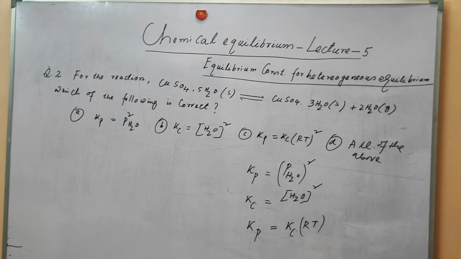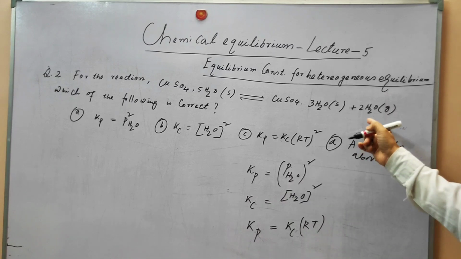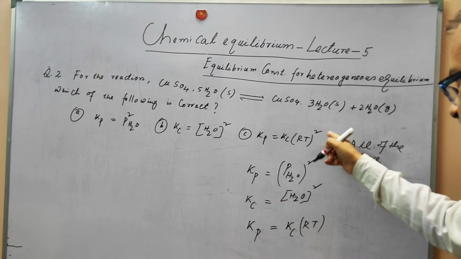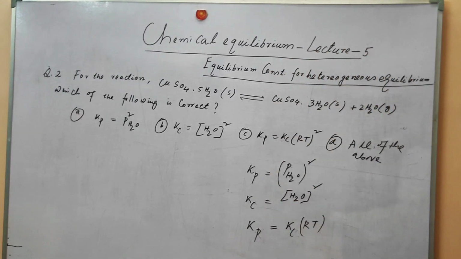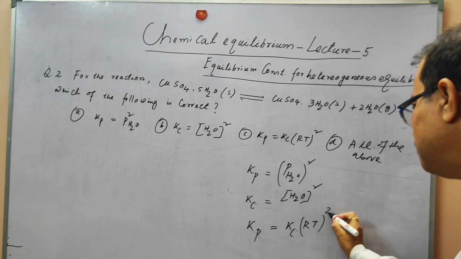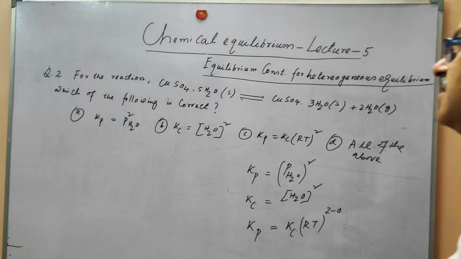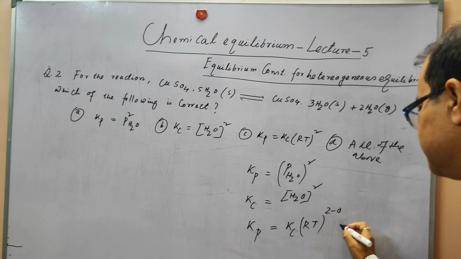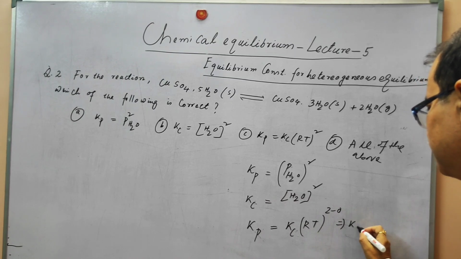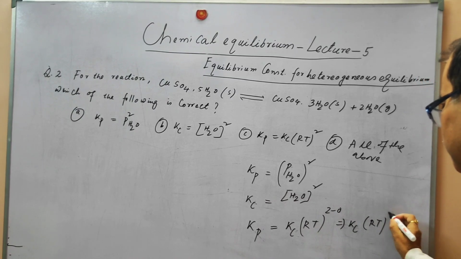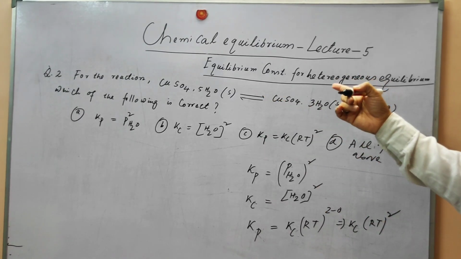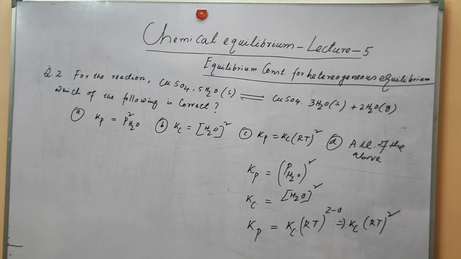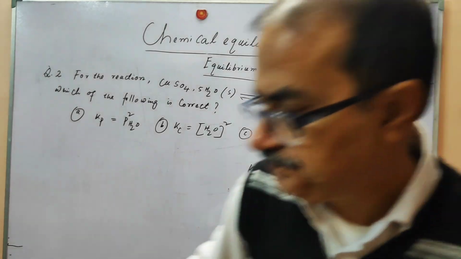In the previous lecture we understood that this exponent is basically the total moles of the products minus total moles of the reactants. So here 2 minus 0, there is no gaseous reactant, only solid, so it is 2. So all the expressions are correct for this heterogeneous equilibrium. So we can write D is the correct choice. D is the correct answer.